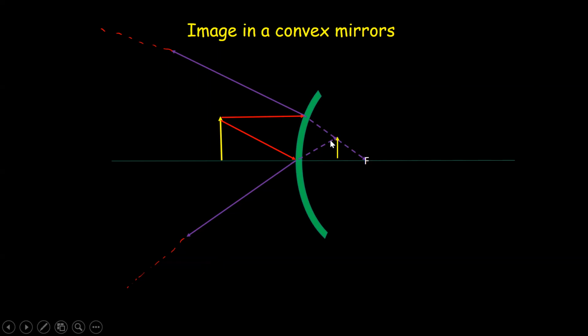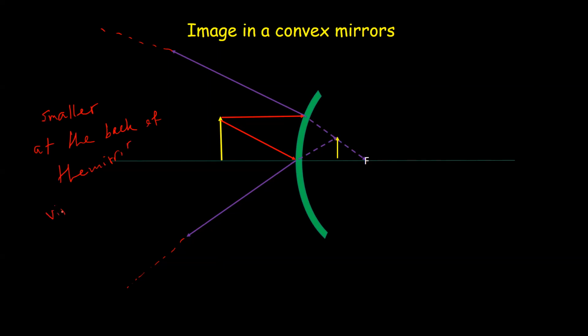And as you can see, the image is smaller, at the back of the mirror. Definitely because it's at the back of the mirror, it's virtual and it's upright. Just a small comparison.